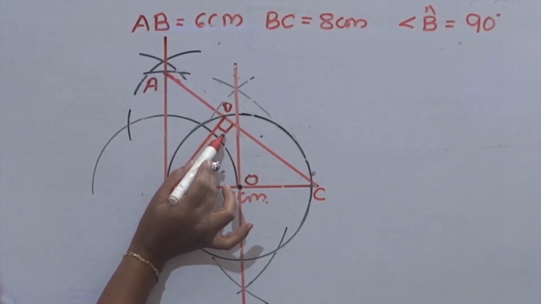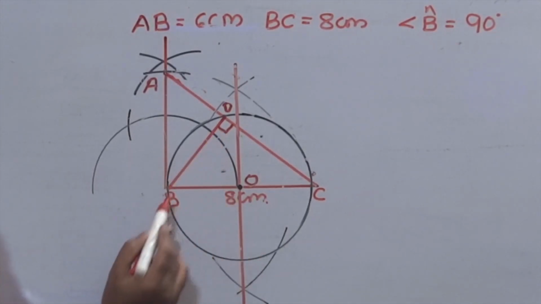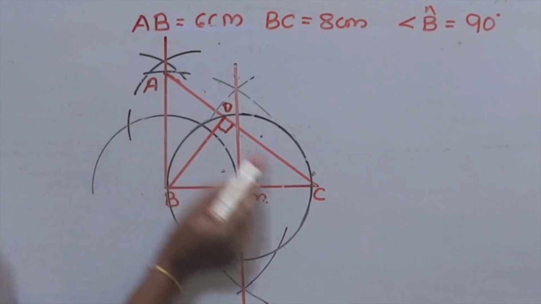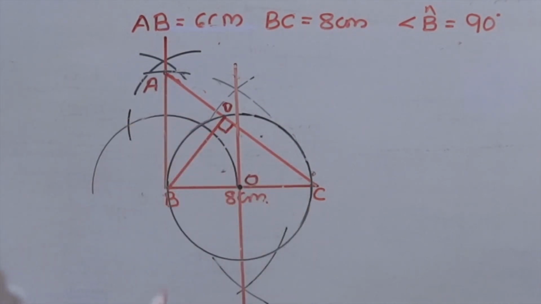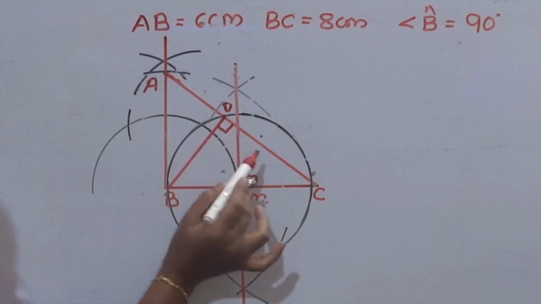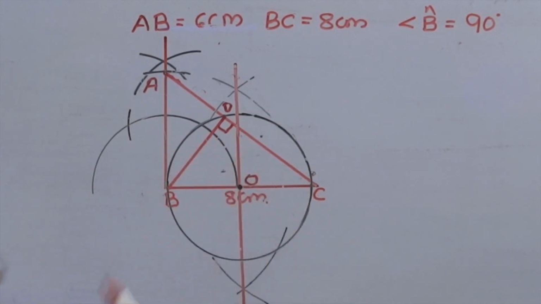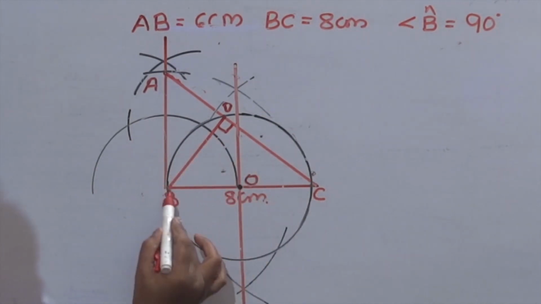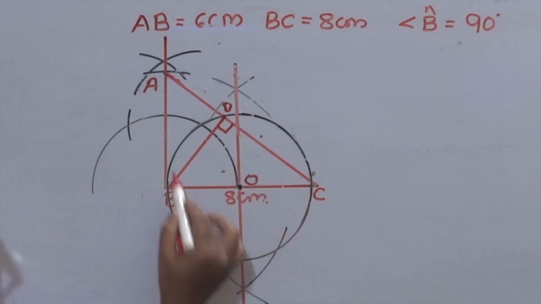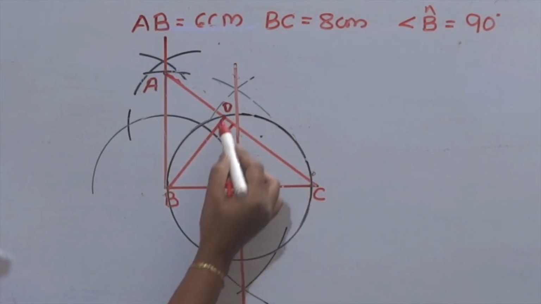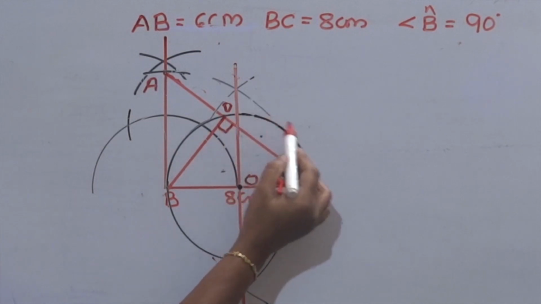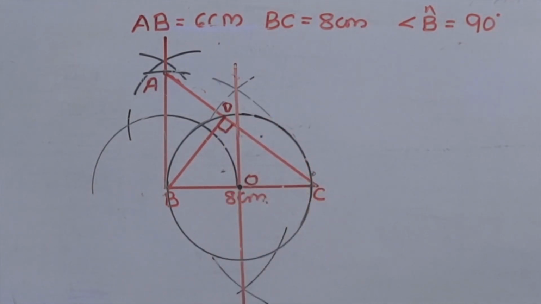Here we have right angle at this point. Now BD is perpendicular to AC. This angle is right angle because BC is the diameter and BC makes semicircle, and the angle on any point on the semicircle is always right angle.